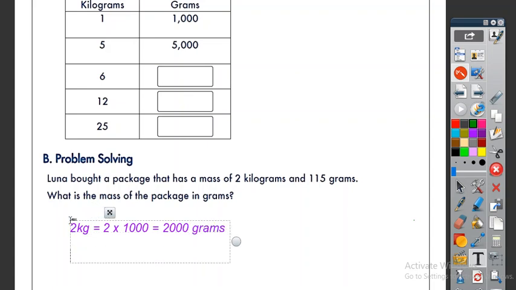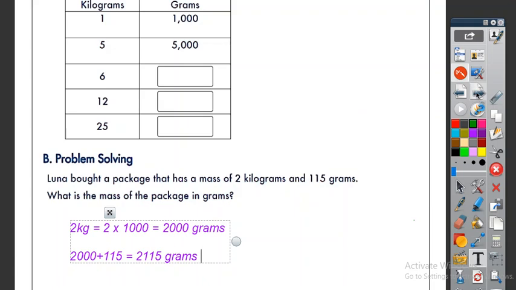So to know the mass of the package in grams, you will say 2000, which is this, plus the 115 grams that you already have. 115 equals, yes, 2115 grams. Yes, that's it.